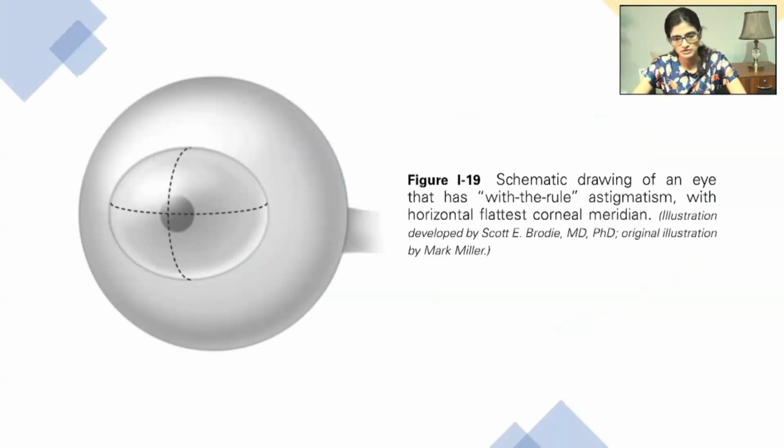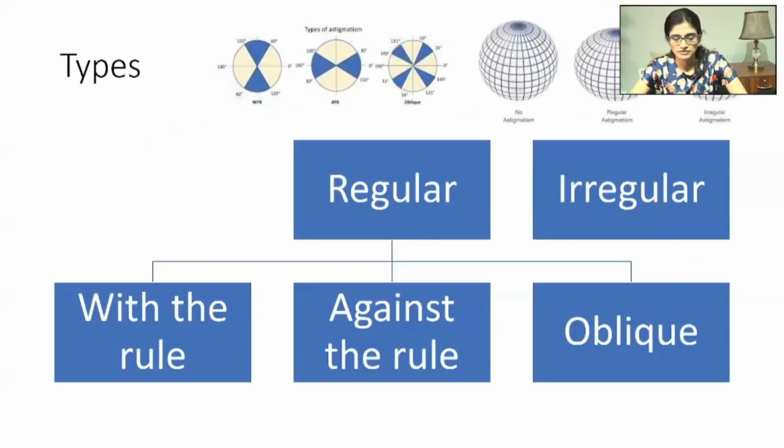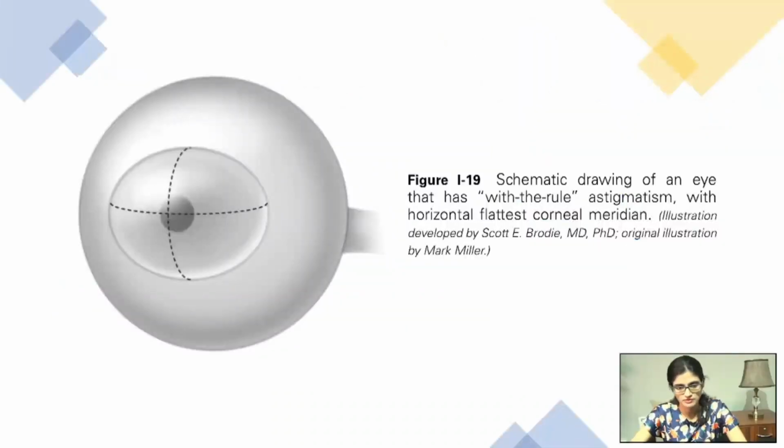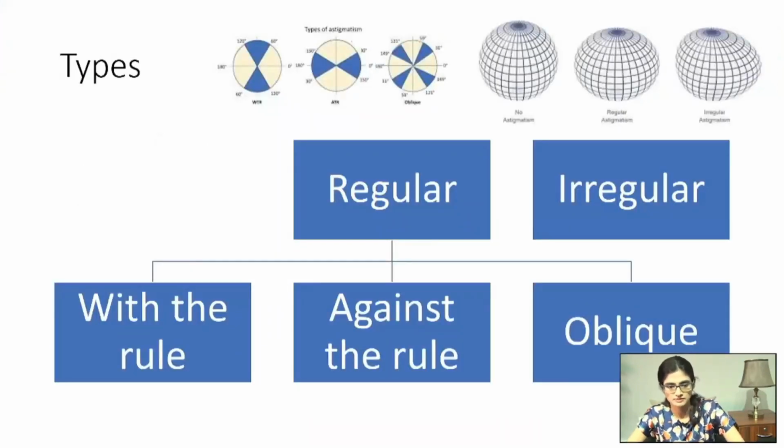Everyone has a bit of with the rule astigmatism. But if the vertical axis is very steep and requires a lens for correction, then you call it with the rule astigmatism, which is a type of regular astigmatism.